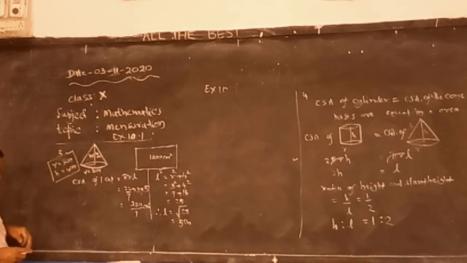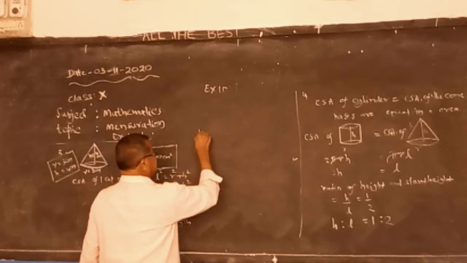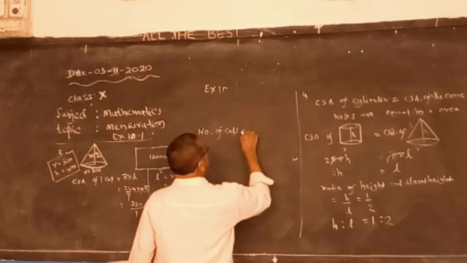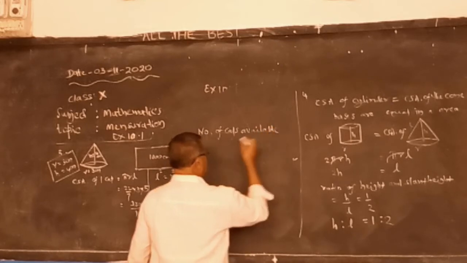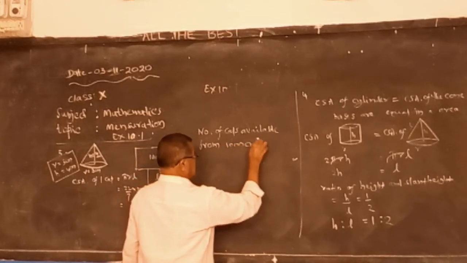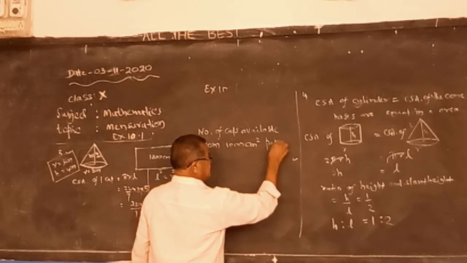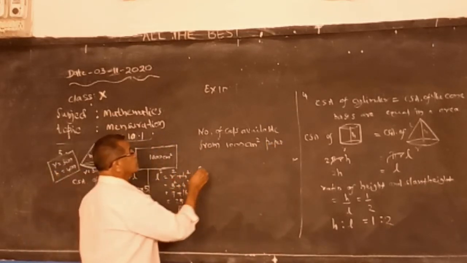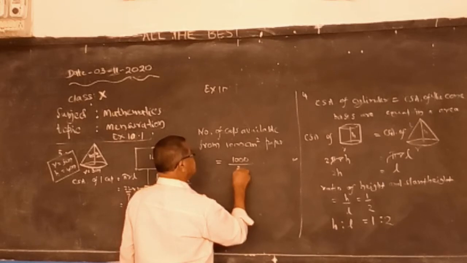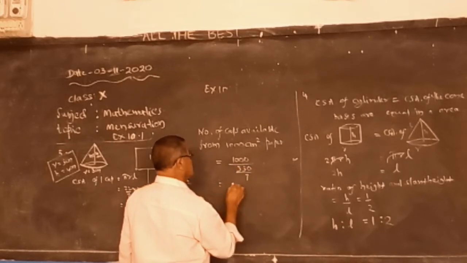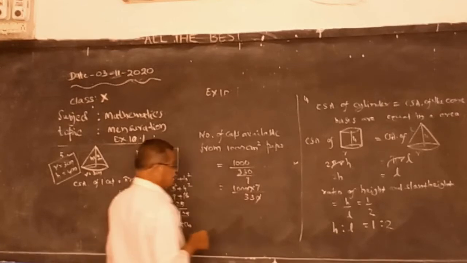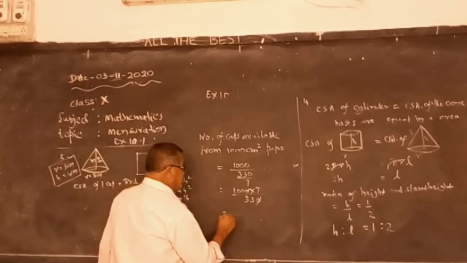Now the number of caps available from the 1000 cm squared area of paper is equal to 1000 by 330 by 7, that is 1000 into 7 by 330. Cancel. 700 divided by 33.